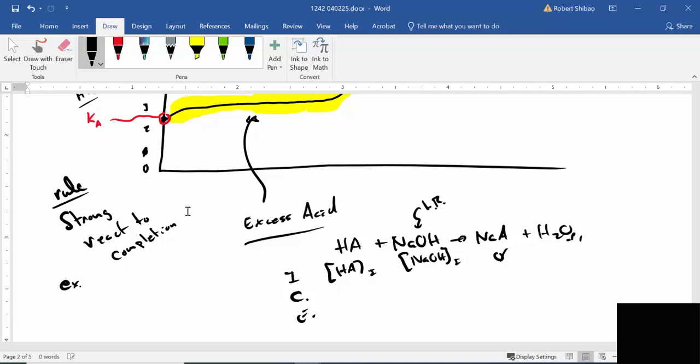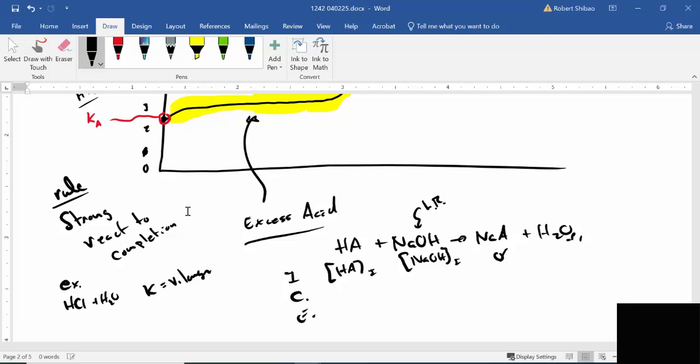Let me give you some examples here. Let's take a strong acid, HCl, and react it with water. What's the K for this? You should know. The strong acid plus water is going to give you a K value of very large.